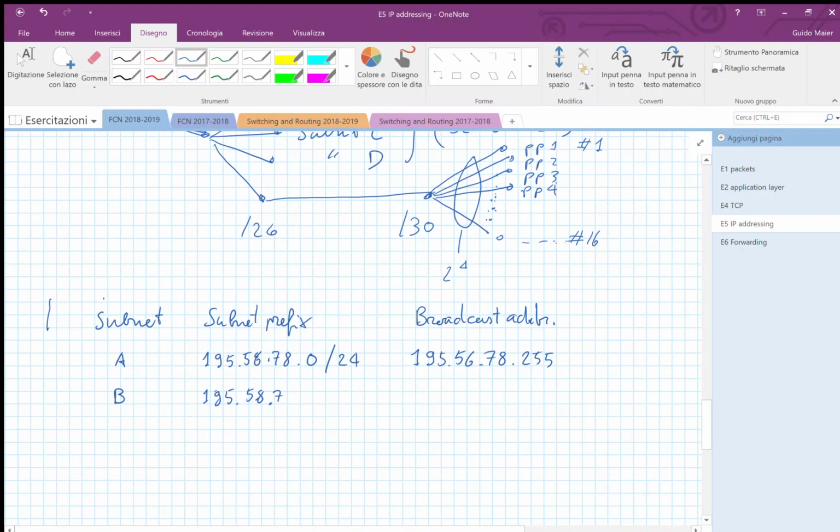So subnet B must start one address above, so we are entering the space of 79 as the decimal value of the third byte.